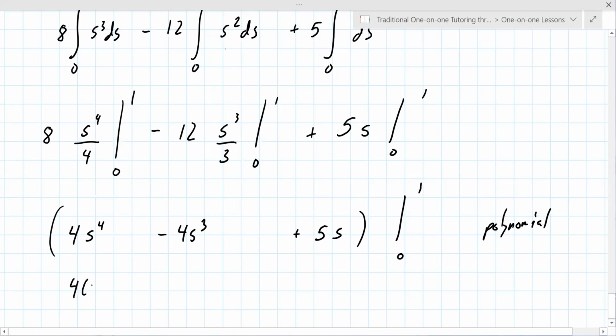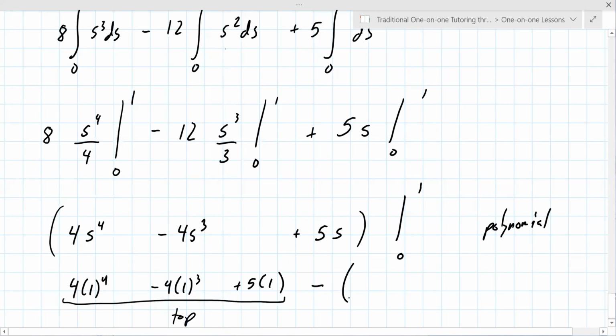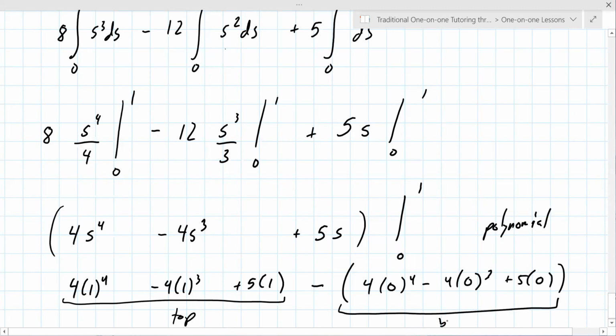So this is like 4 times 1 to the 4th minus 4 times 1 cubed plus 5 times 1. That's all of this is your top, by the way, minus, and whatever you do on the bottom, I like to put it in parentheses, 4 times 0 to the 4th minus 4 times 0 cubed plus 5 times 0. And this is your bottom.